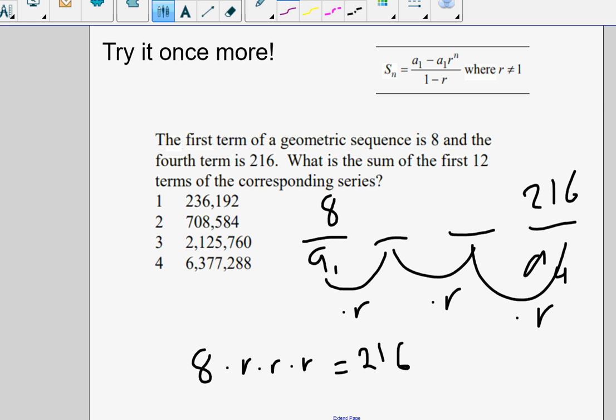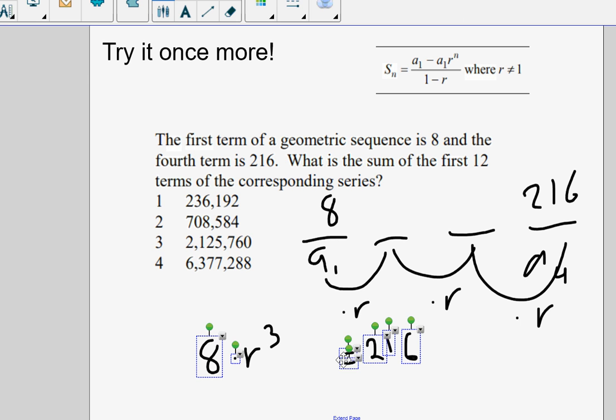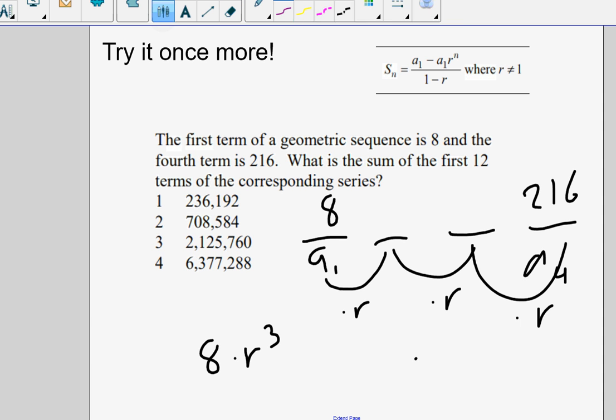And how could we rewrite r times r times r? r times r times r is really just r cubed. So 8 times r cubed is equal to 216. And then we can just solve for r.